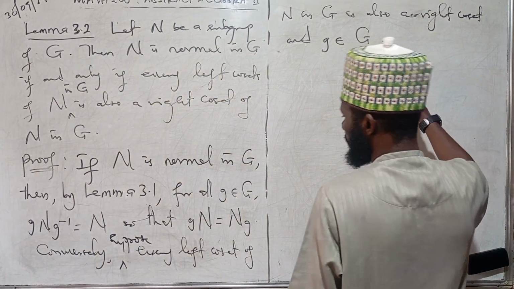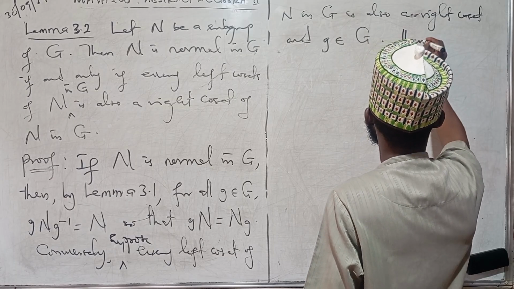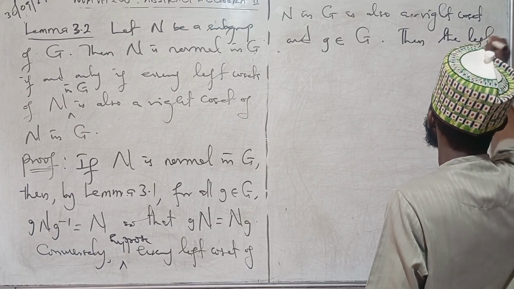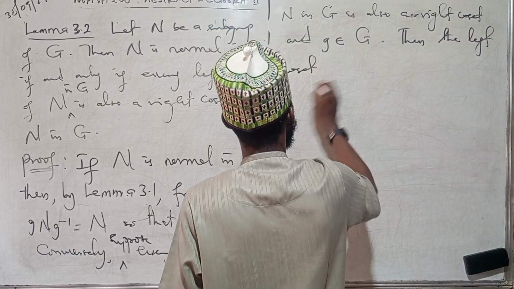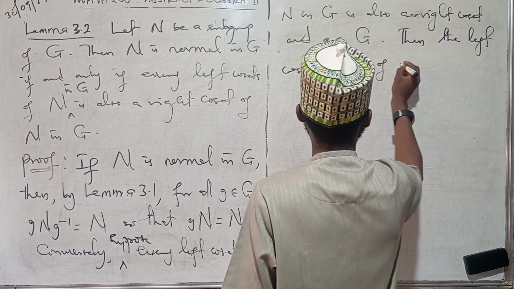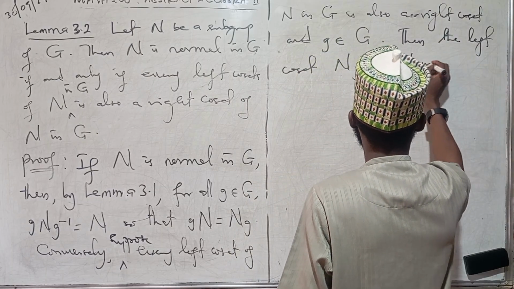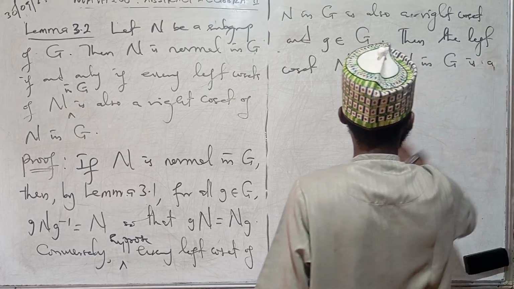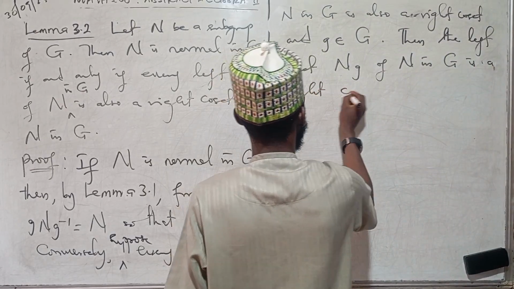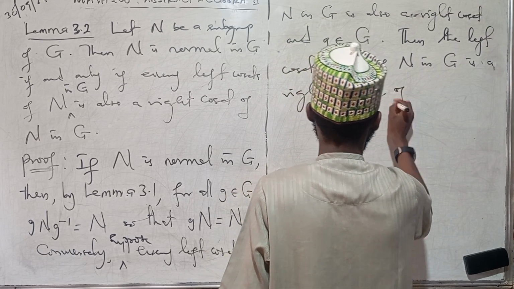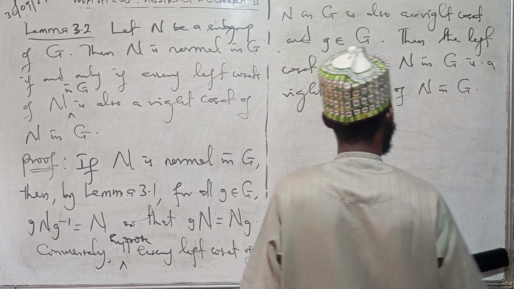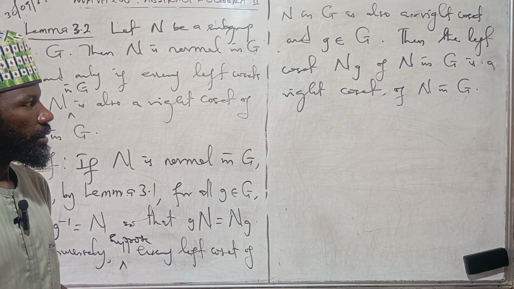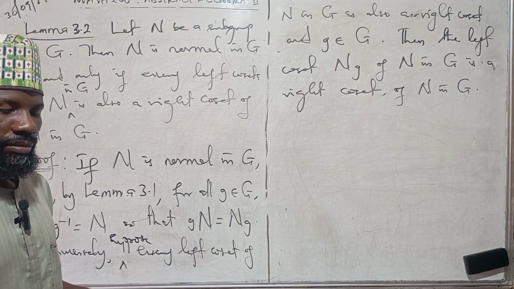Then the left coset gN of N in G is a right coset of N in G. Now the question is, which right coset is it? Which of the right cosets of N?